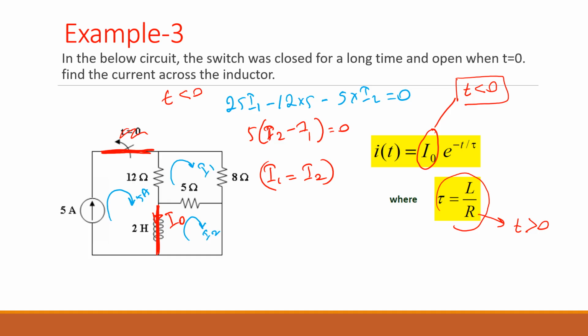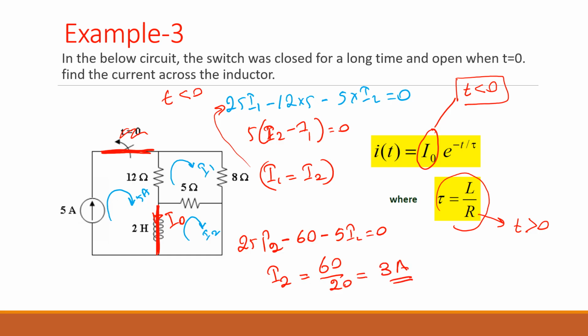So I can substitute, if we find the I2, then we can find the I0. So I'm going to substitute this here and here. So we have 25 times I2 minus 12 times 6 is 60 minus 5 times I2 is equals to 0. So I can say I2 is equals to 60 divided by 20, which is equals to 3 amps.